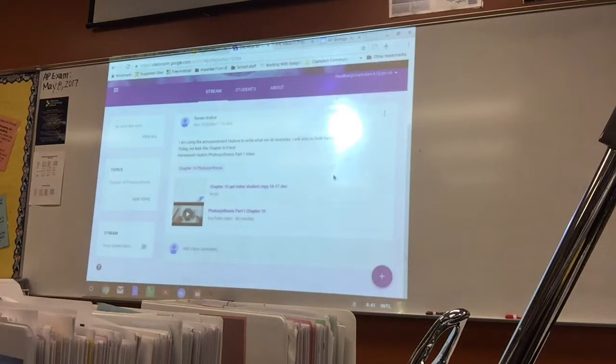What I'm going to start doing is using this as my calendar of what we've done every day. Before I leave during the day, I'll write what we did. I just did this yesterday. I'm using this announcement feature to write what we do every day, so that people who are absent for whatever reason can see what we did.